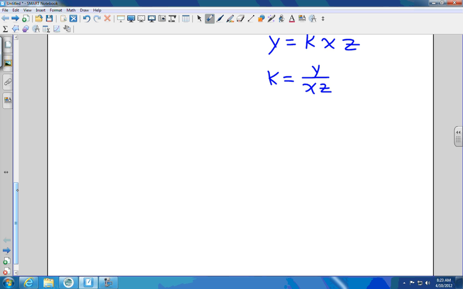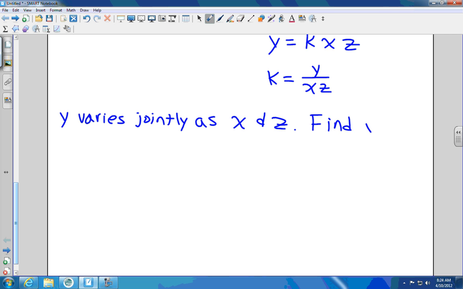Suppose y varies jointly as x, so again, that's given. Y varies jointly as x and z, but now they've got it in reverse order. So when you write the problem down, you can switch that around if you want to. It doesn't matter to me. It says y varies jointly as x and z. It says find y when x equals 8 and z equals 3.